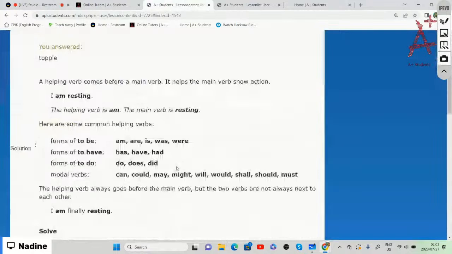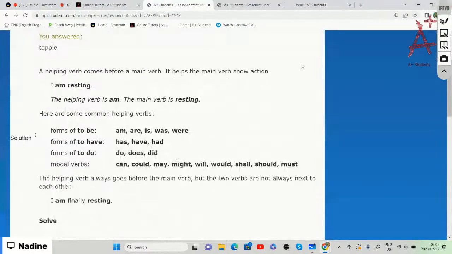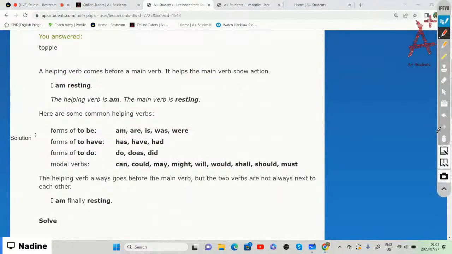All right. We need to identify helping verbs as well as the main verbs, right? A helping verb comes before a main verb and it helps the main verb to show action. So a helping verb comes before a main verb and it helps the main verb to show action.